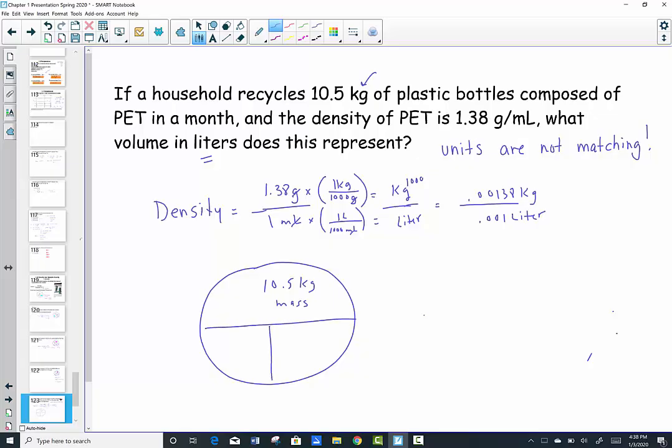The density is now given to us as 0.00138 over 0.001. We want to simplify that. Let's do that. 0.00138 divided by 0.001 comes out to 1.38 kilograms per liter. That's much easier than having that ratio in there.